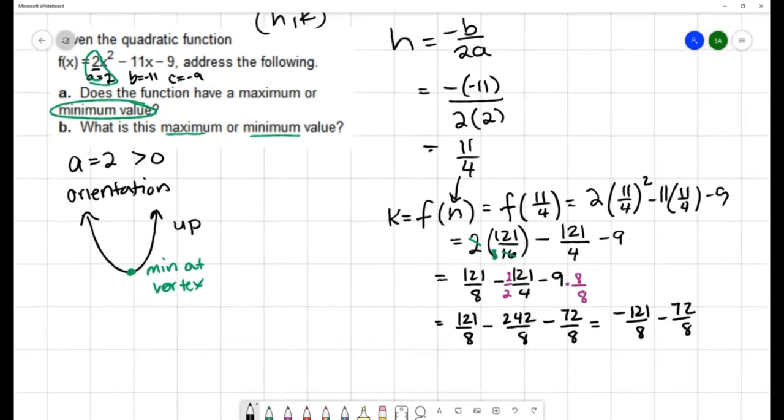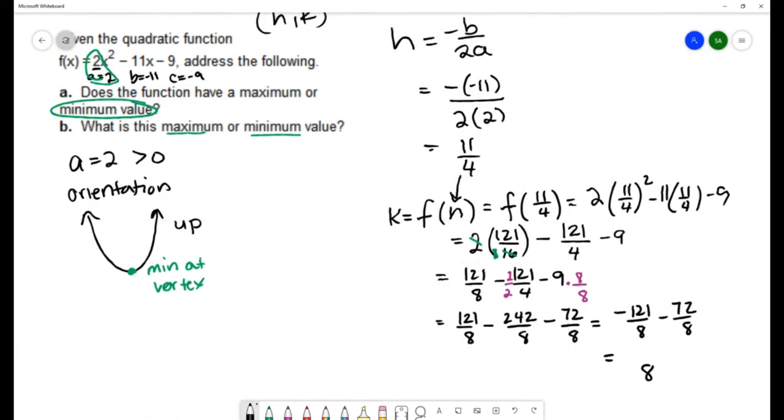And negative 121 minus 72 would give me a negative 193 over 8. And the minimum or maximum value will be the y part of our vertex. So the negative 193 over 8 is our minimum value.